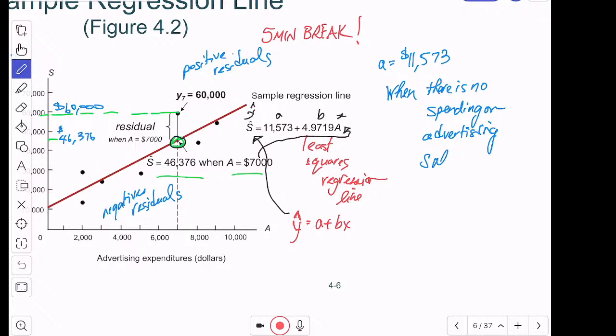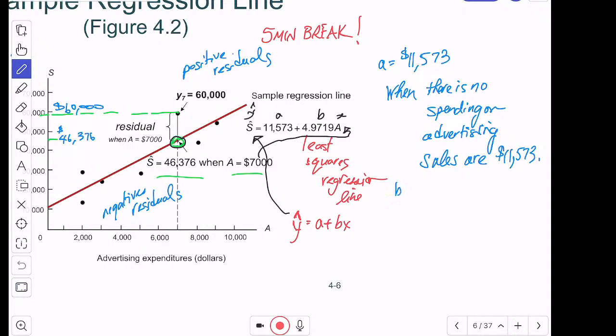Sales are $11,573. So obviously other things are impacting sales, not just advertising, right? There's other determinants. So that's what that says.